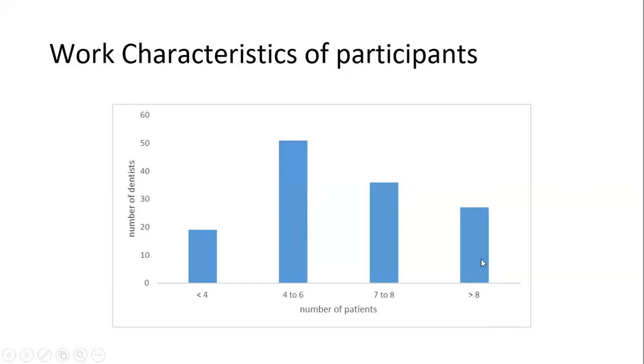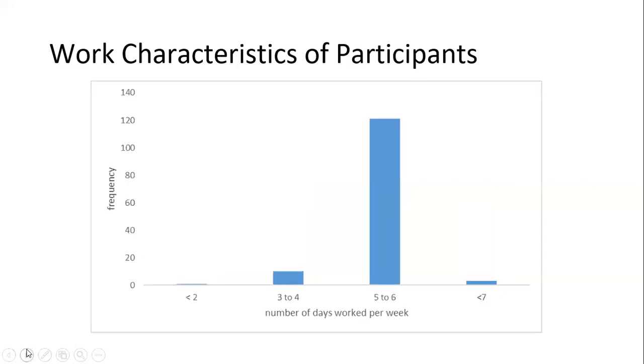And there are others that see more than 8 patients a day in that cohort. Most of the practitioners work 5-6 days. Probably 1 or 2 that work every day. In terms of the characterizations there, I think most of us can identify with those ones.